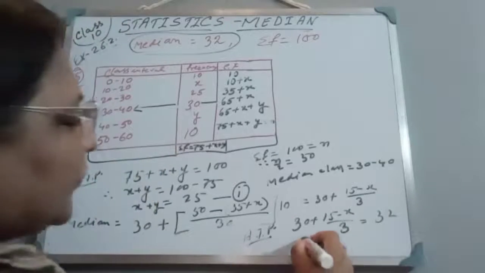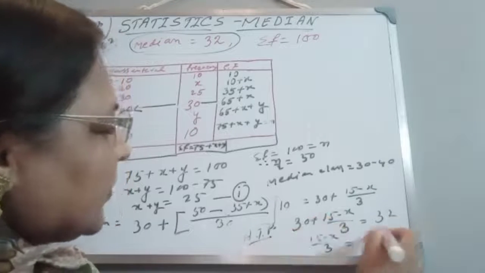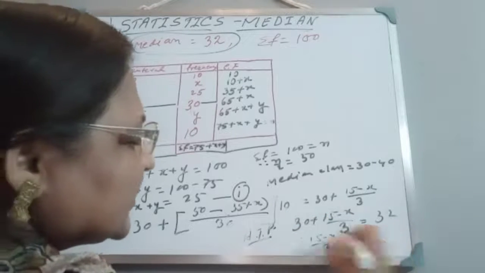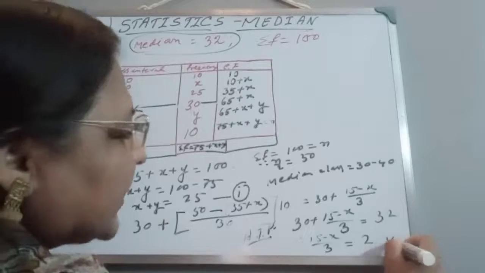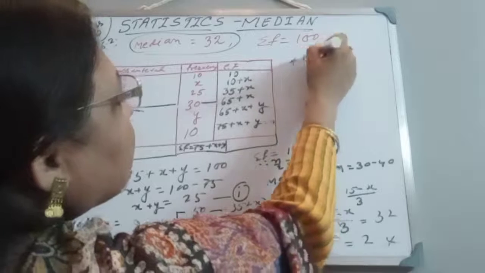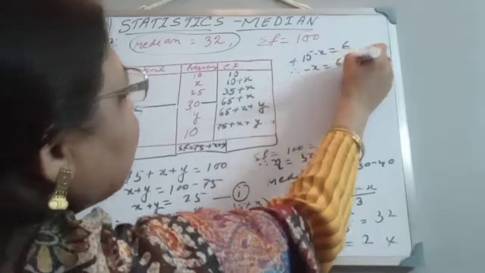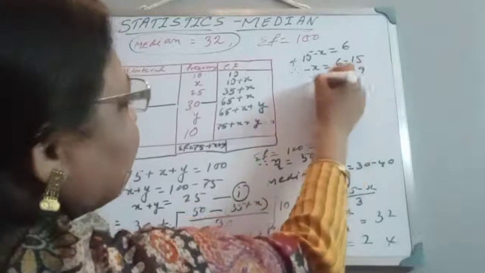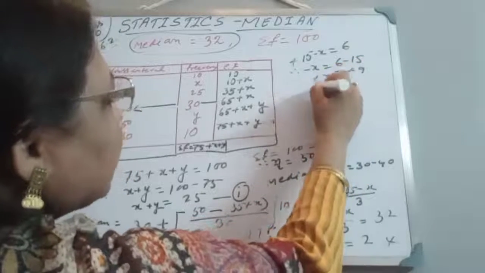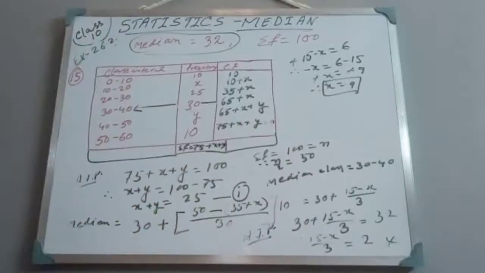Got it? Now 15 minus x by 3 is equal to 32 minus 30, which gives us 2. Do this calculation here. Then 15 minus x is equal to 6. Therefore minus x equals 6 minus 15, which gives us minus 9. So x is equal to 9. This is one value.